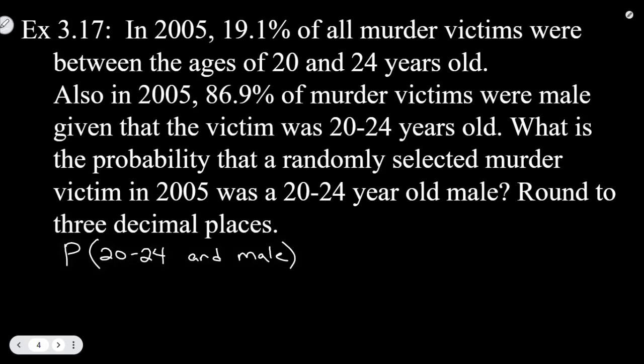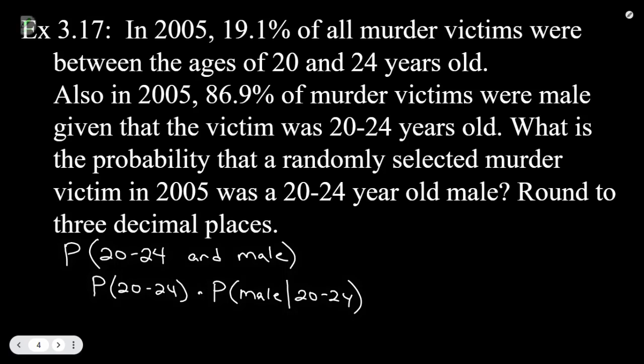Our formula is the probability of 20 to 24 times the probability that they are male given that they were between 20 and 24. First of all, we are given this information: in 2005, 19.1% of all murder victims were between the ages of 20 to 24.